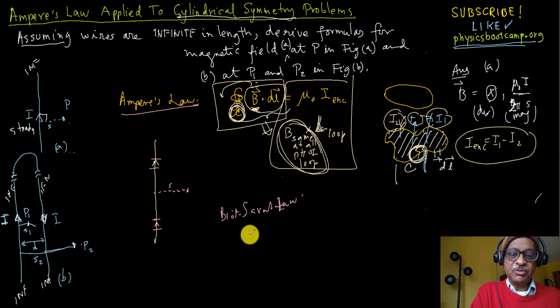That Biot-Savart law is that B at P has the following character.